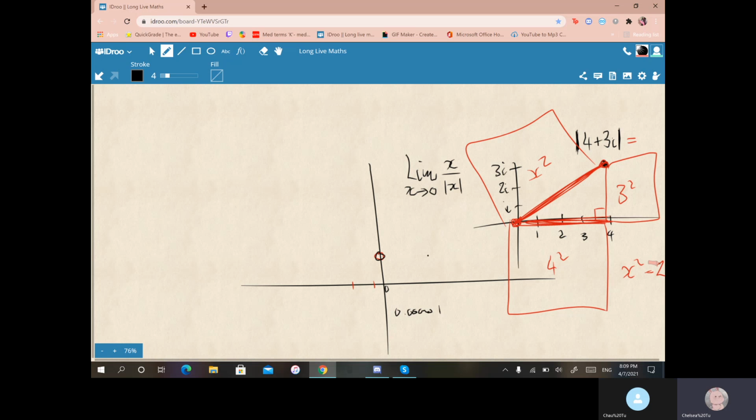The square root of 25 is definitely 5. So the absolute value of that weird complex number is the number 5.